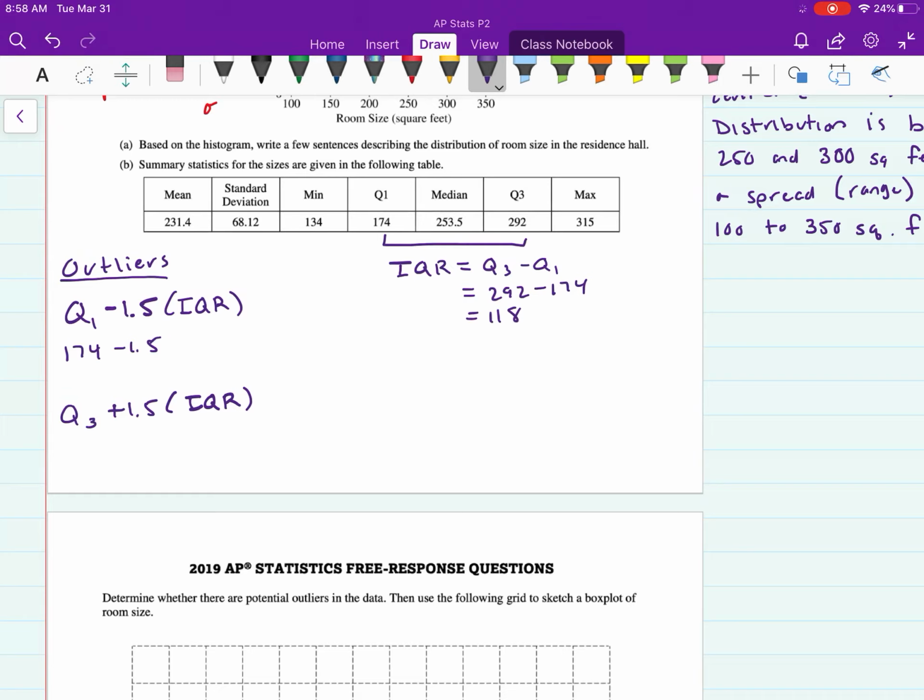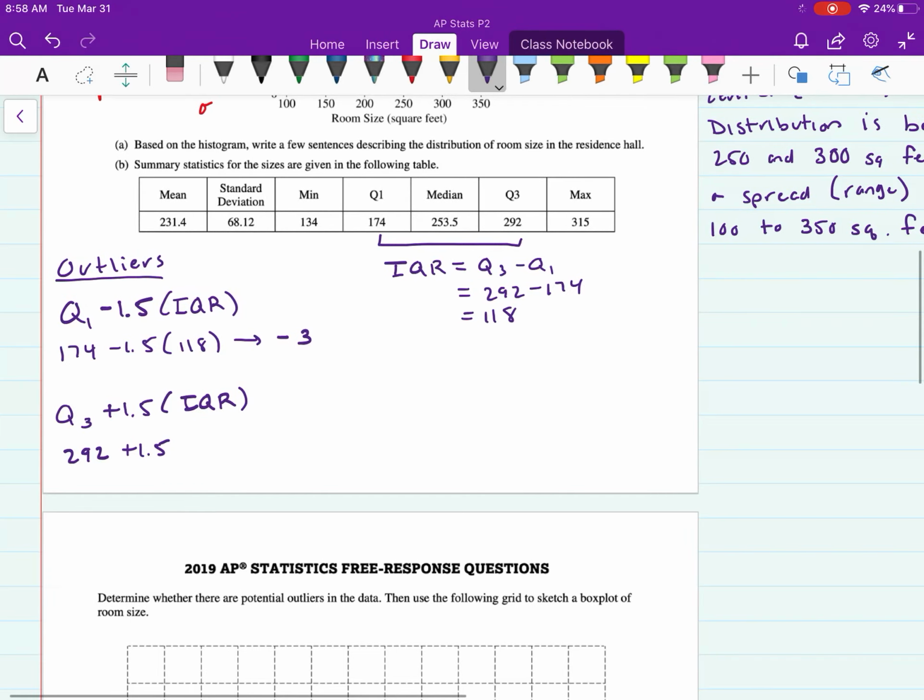So quartile 1, 174 minus 1.5 times 118 comes out to be -3. And quartile 3, which is 292 plus 1.5 IQR, comes out to be 469.